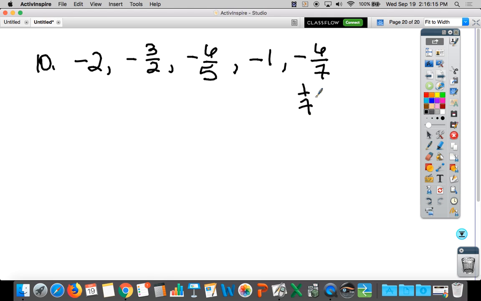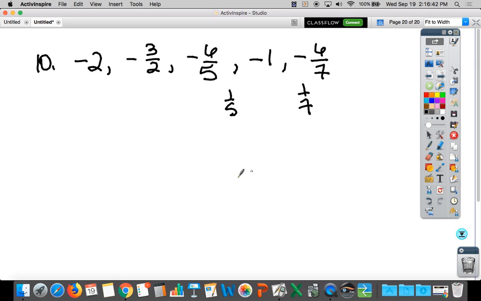What we're looking for is a pattern. So negative 1 minus negative 6 fifths. That's 1/5. Negative 6 fifths minus negative 3 halves. 3/10.